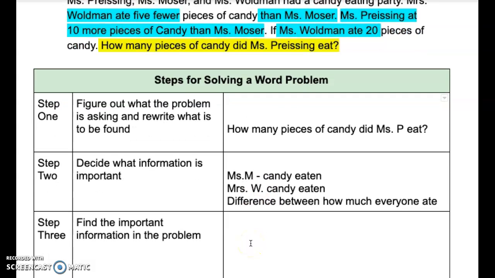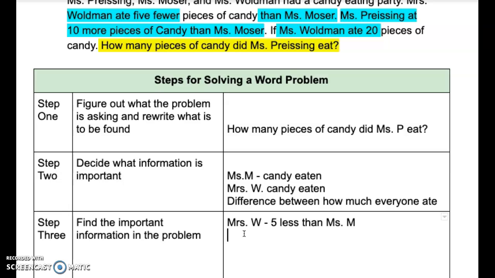So now I'm going to write this down, and I'm going to just say Mrs. W 5 less than Miss M. So Mrs. Woldman's 5 less than Miss Moser.